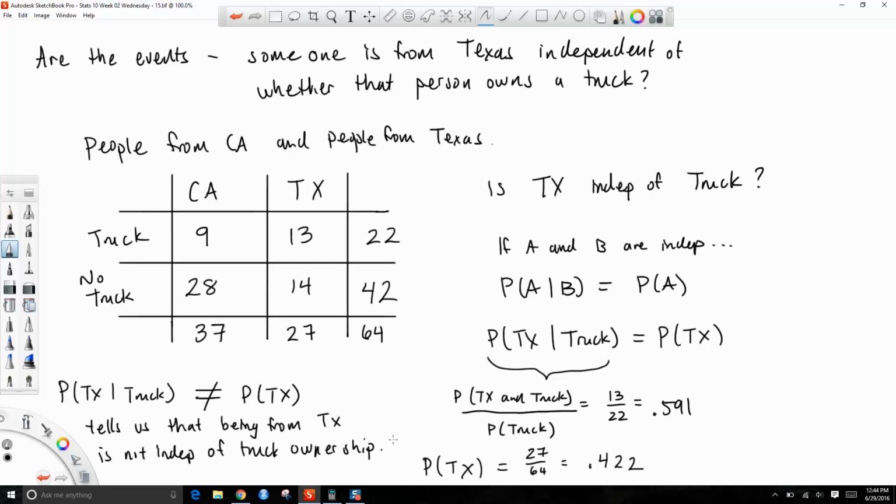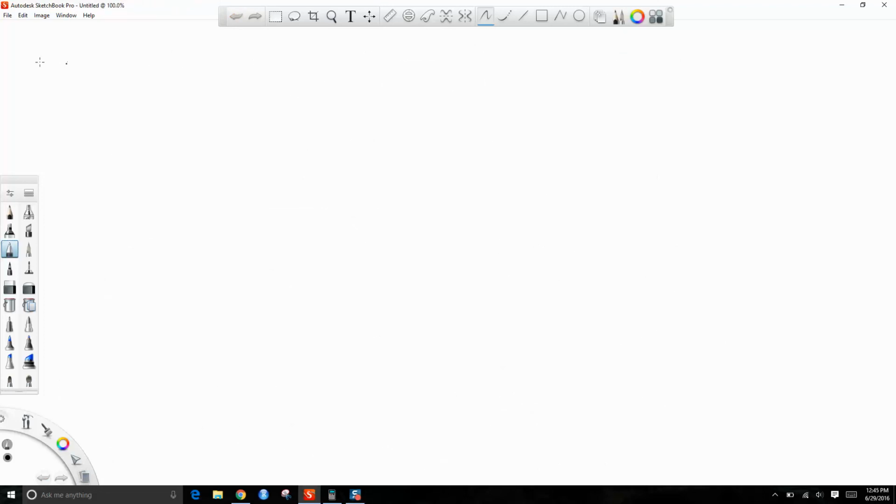Okay, and so for now, we're just going to say if they are not exactly equal, then they are not independent. So we'll just say for now, if the probability of A given B does not equal the probability of A, then we will say they are not independent.